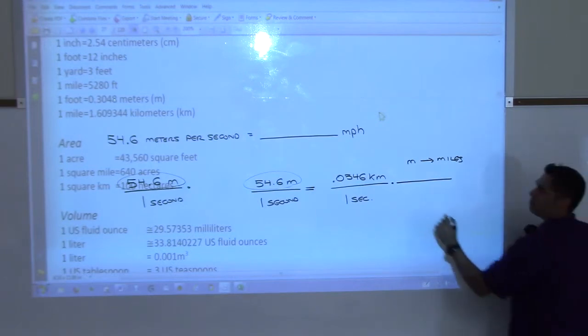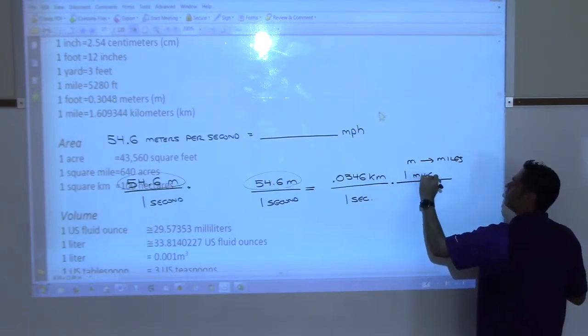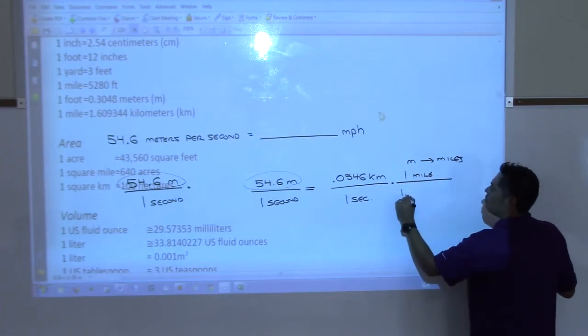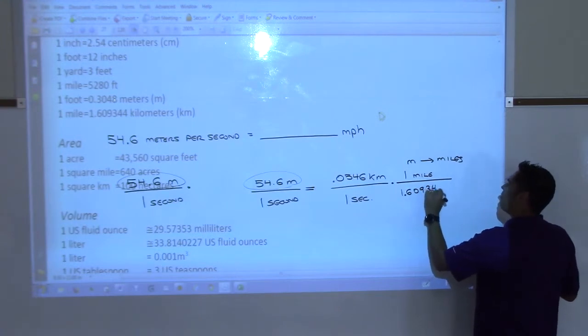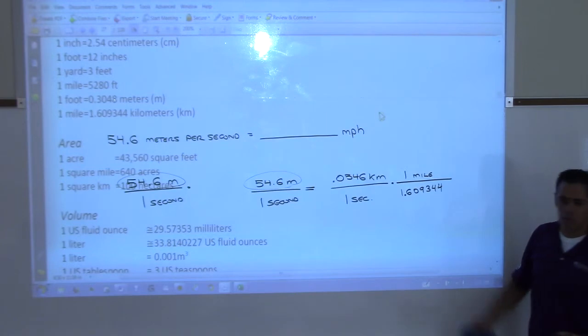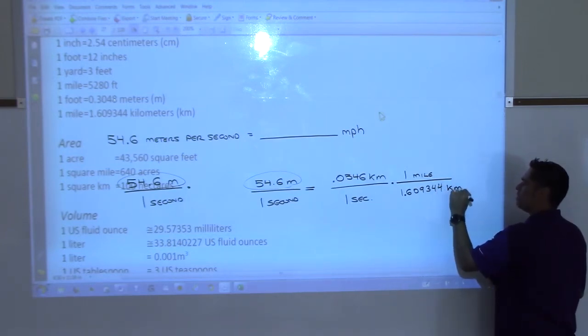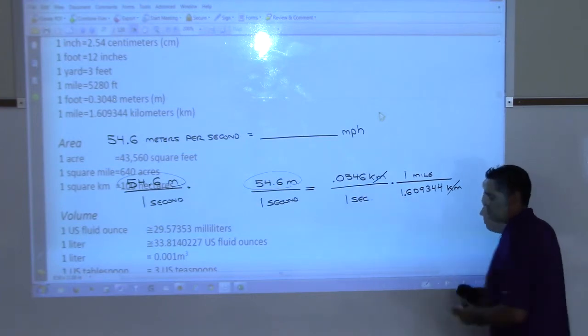Kilometer on the bottom, mile on top. Okay, so this is 1 mile. I'm going to put mile this time. And then this is the 1.609344. Everyone good with that? Kilometers, sorry, I forgot to put kilometers here. Kilometers are going to cancel.